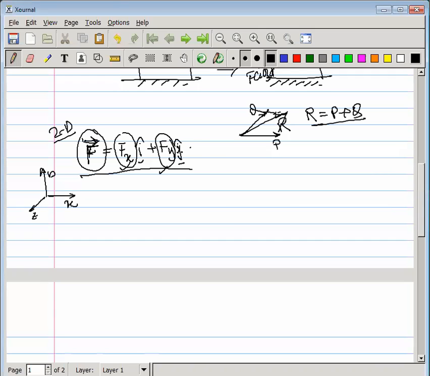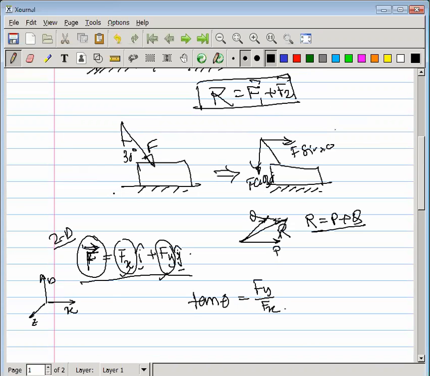The next part is, suppose in the question you have to find the angle at which the force acts. Then how can you define that? It is very simple. You only have to write tan theta is equal to Fy by Fx. I already showed you here that if this is your force which is acting here, the perpendicular one is sin 30 and the horizontal one is cos 30.